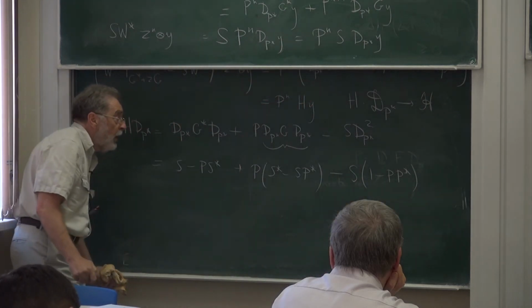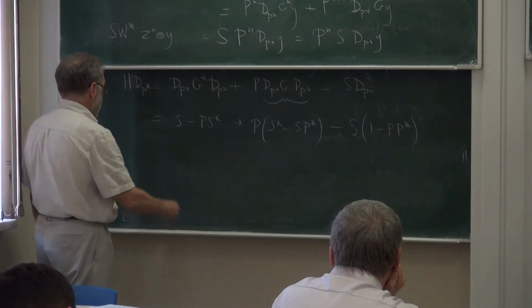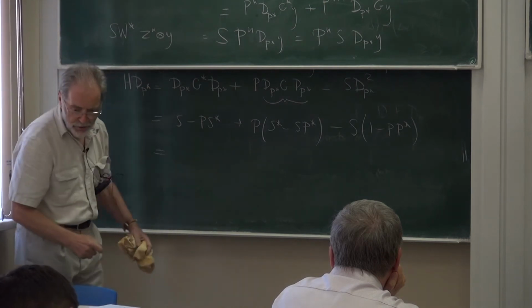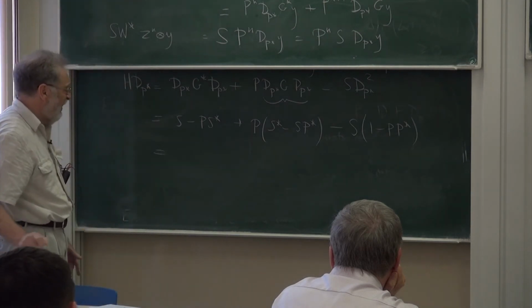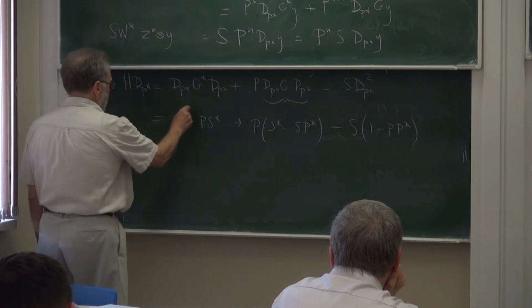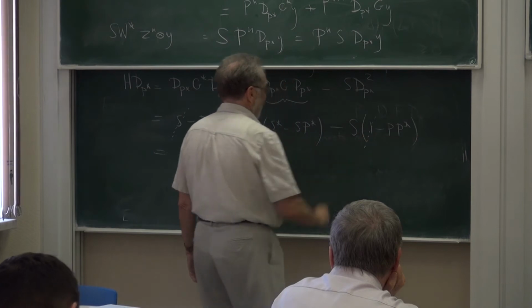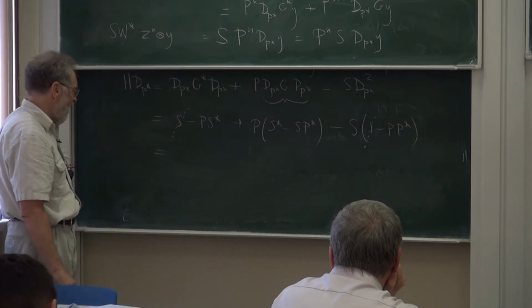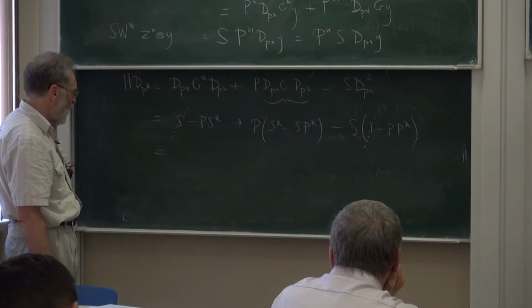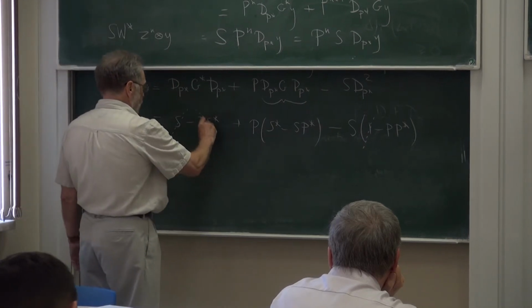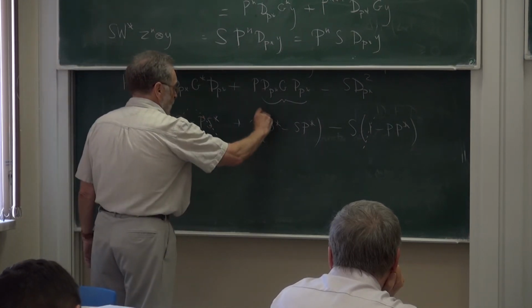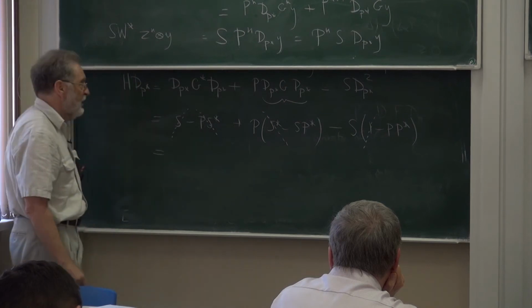And now if you stare at that for 10 seconds, it all goes up in smoke. Let's see if we can see why. Well, I could cancel this S here with this identity here. And then this term here, minus PS star plus PS star there, they also cancel.